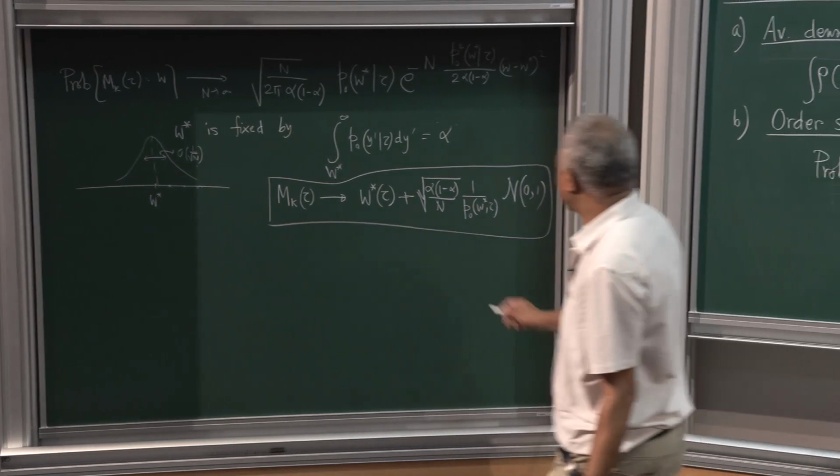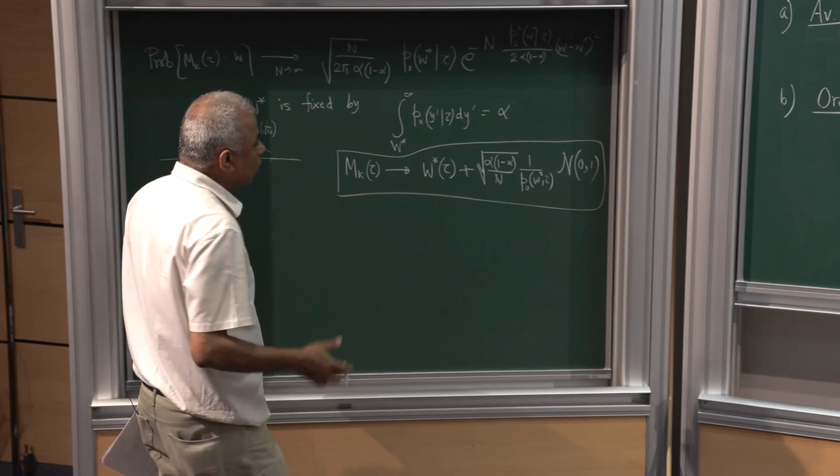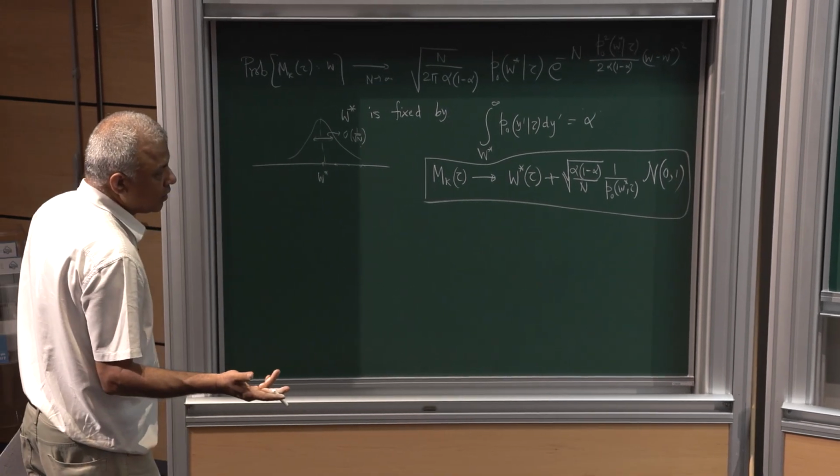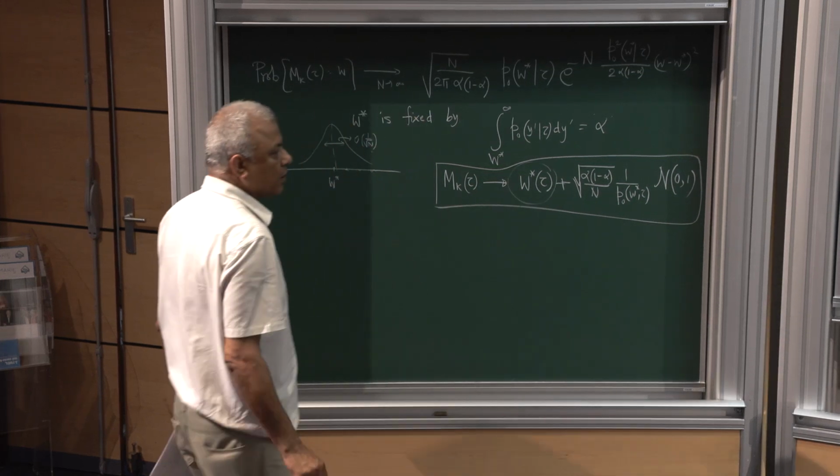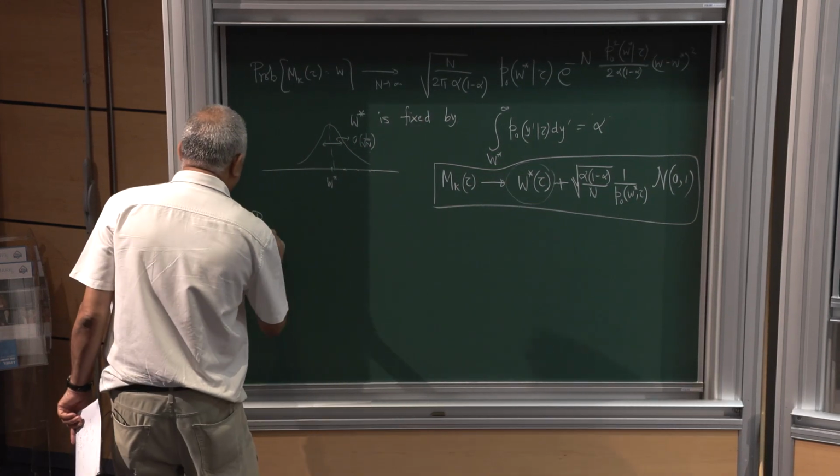And so what happens here is that when you actually do this integral, it turns out that the fluctuating part only contributes to lower order. The leading order behavior just comes from the deterministic part.